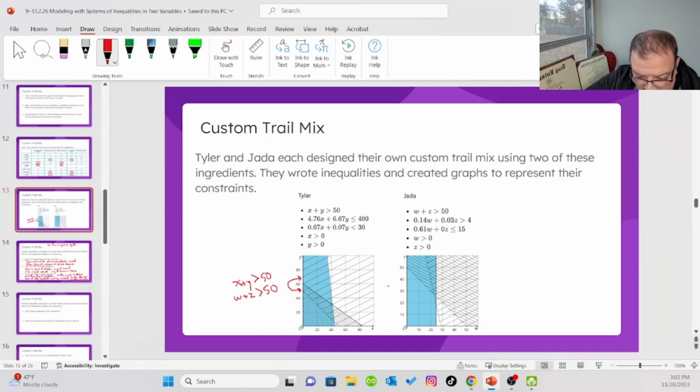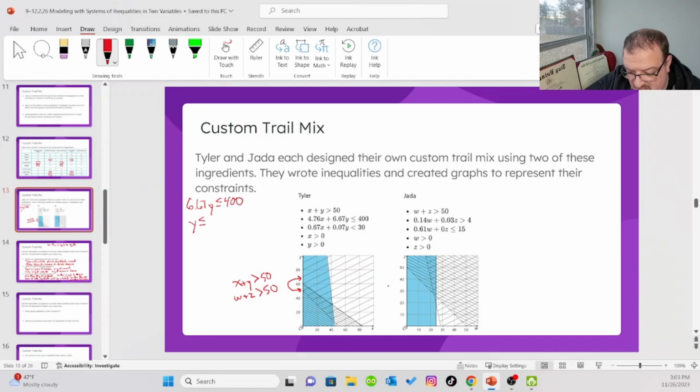Next, we've got must be less than or equal to 400. So if I had none of the x, then 6.67y less than or equal to 400.